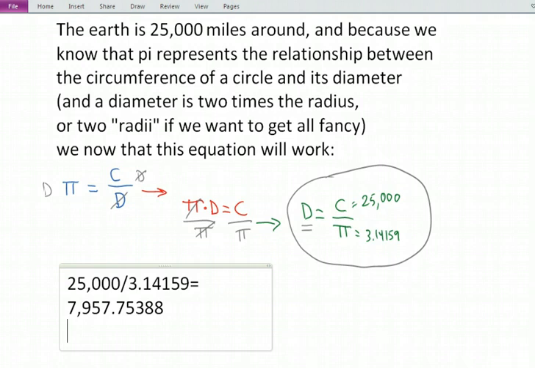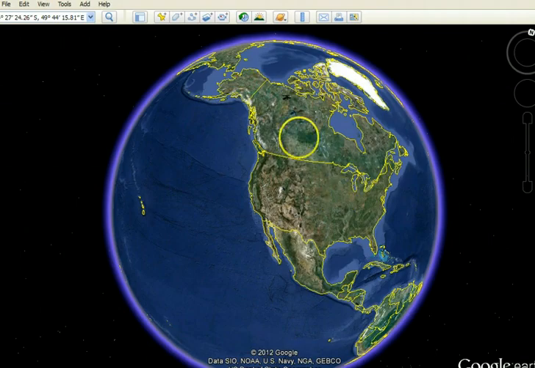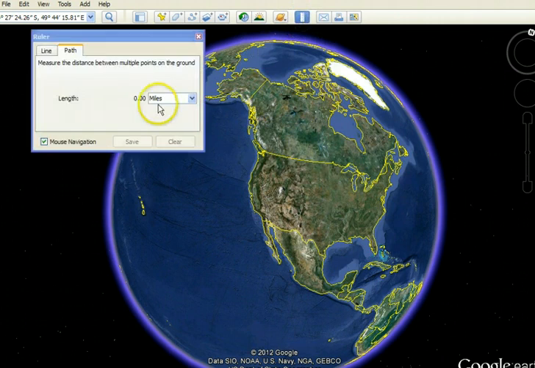If we go into Google Earth for a second and we use our measuring tool, which is right up here, we're going to do a path from about North Carolina. We started by going to Hawaii, right? And that's almost 5,000 miles.